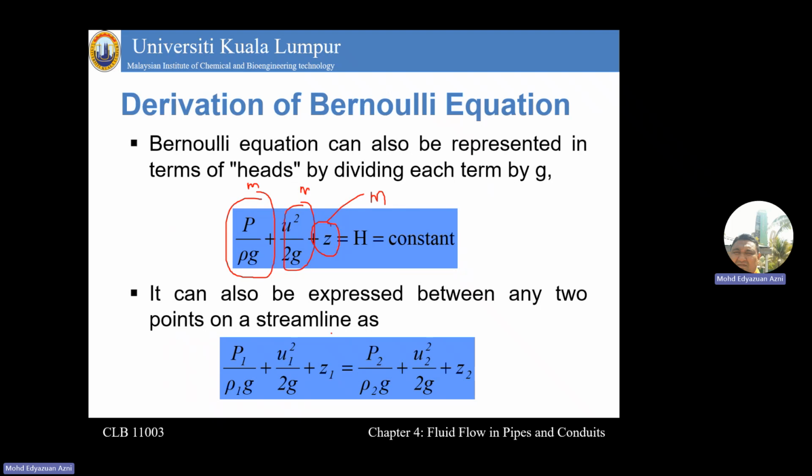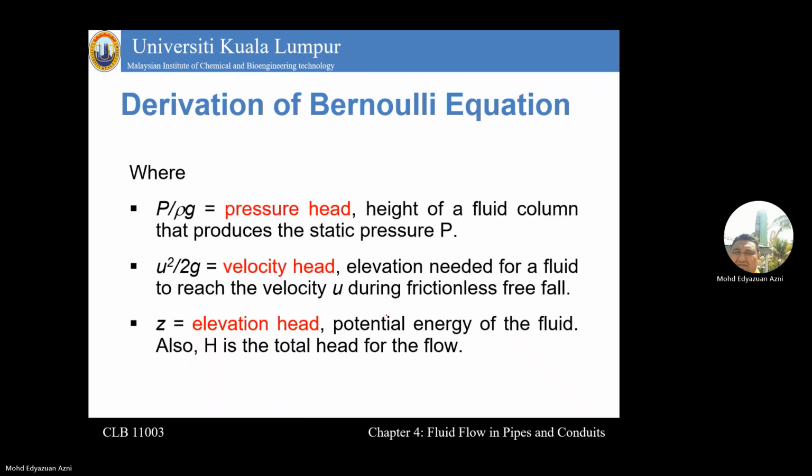If we represent the Bernoulli equation at two points on a streamline, we get this formula. This is for point 1, and this is for point 2.